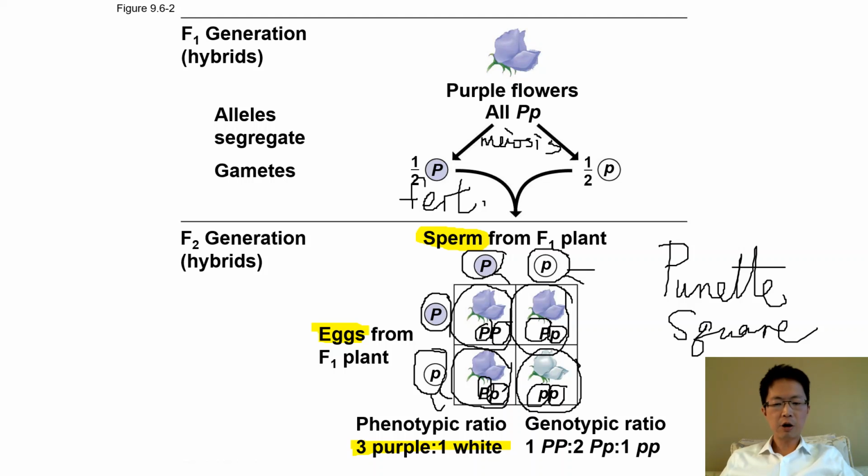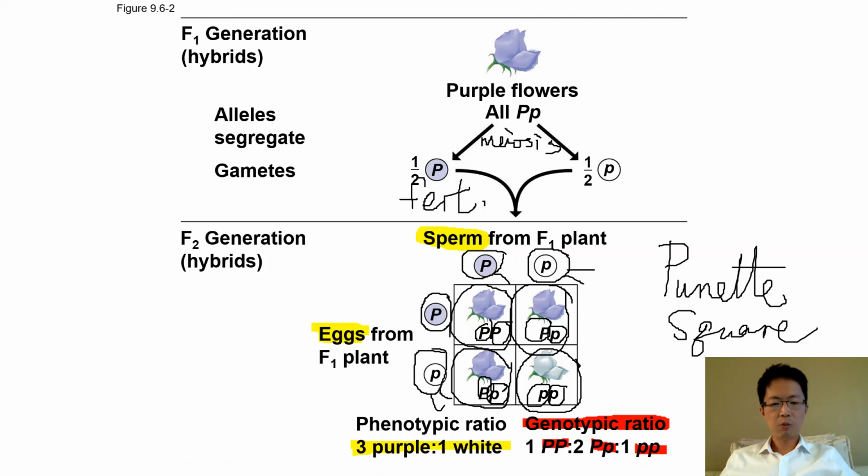Now we have a new term. Genotypic ratio. What is the genotypic ratio? The genotypes that we are talking about are big P big P, big P small p, and small p small p. So we count from the Punnett square how many of them we got.